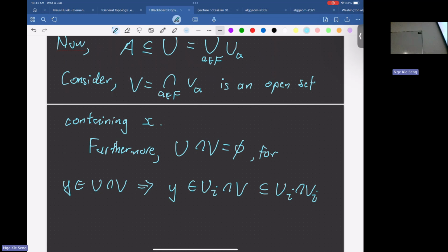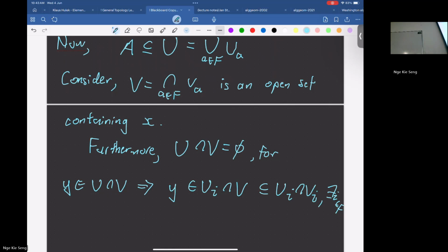The intersection is smaller than one of the sets, by subset inclusion. Is it possible for some I in F here? Is there anything living inside UI intersect VI or not?